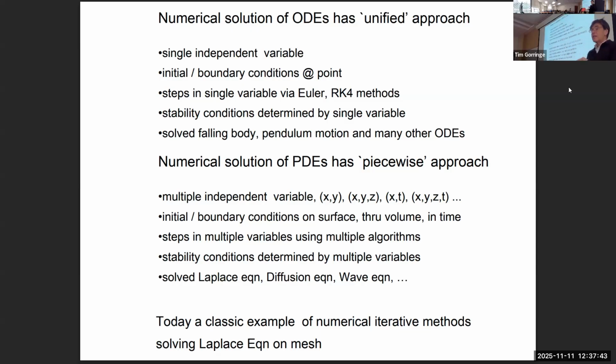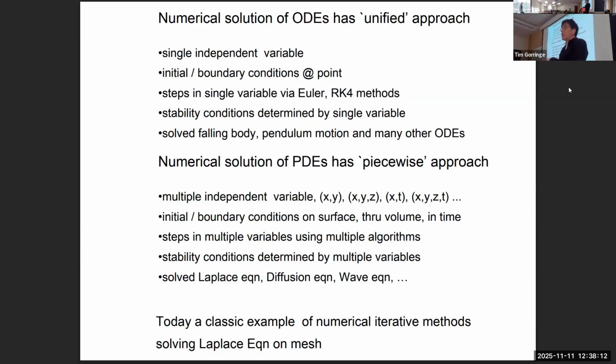It could be a diffusion equation, that's a partial differential equation that depends on space and time variables. So it could be a partial differential equation in a space coordinate and a time coordinate. Or it could be in x, y, and t, or x, y, z, and t. So again, multiple independent variables, big difference.